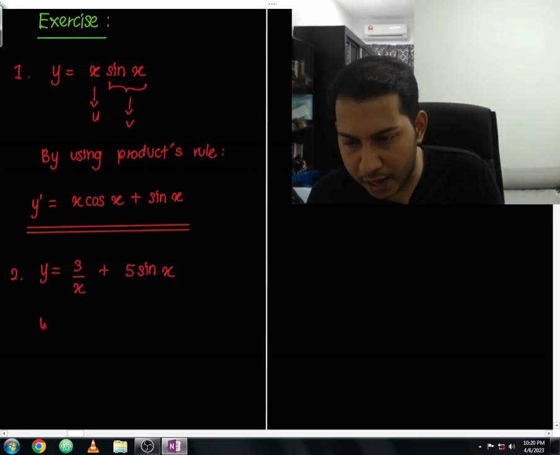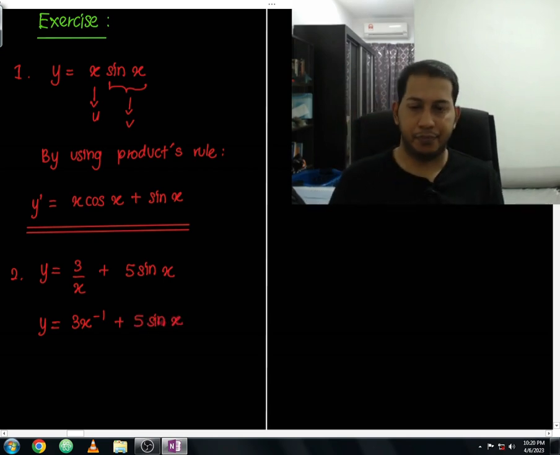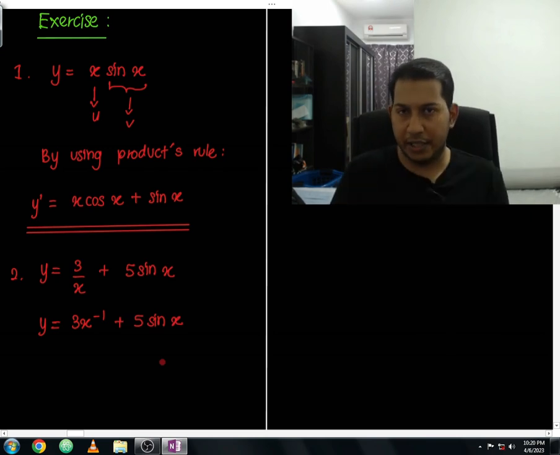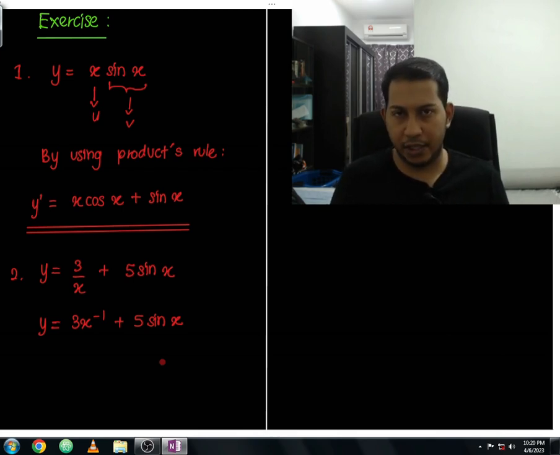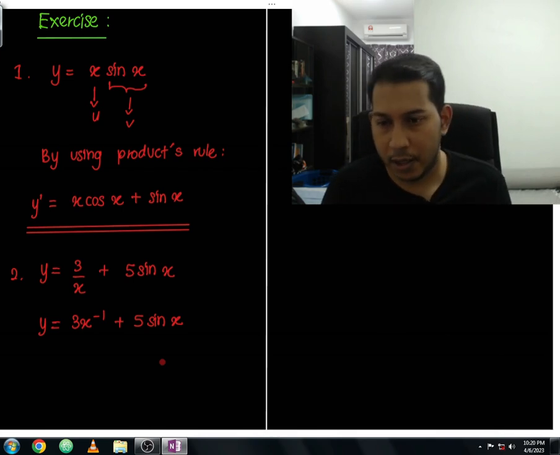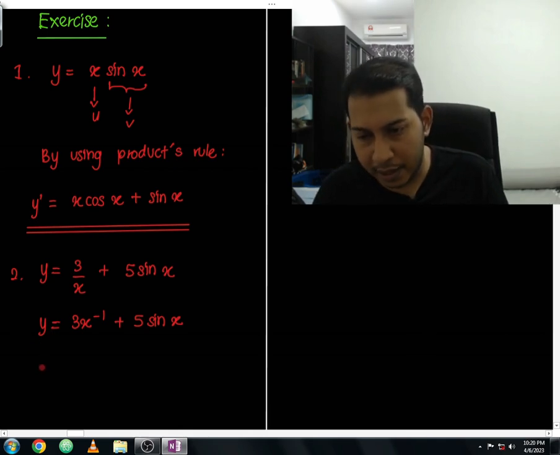So from here y will be equals to 3x to the power of negative 1 plus 5 sine x. Once everything is done and you feel there is no longer any simplification or adjustment of the equation, you can proceed to perform the differentiation. So let us perform the differentiation.